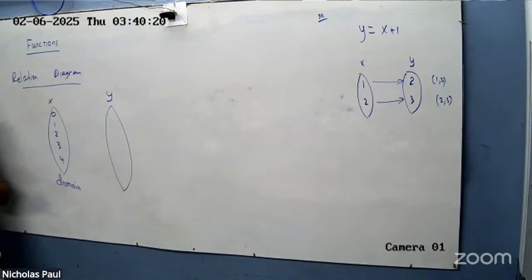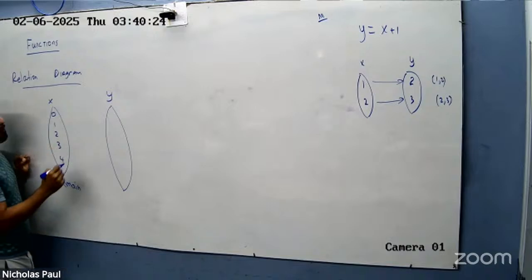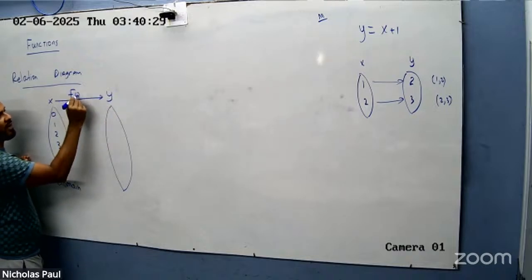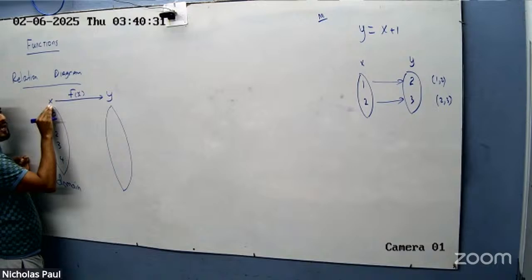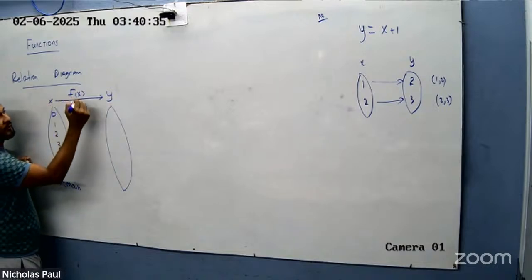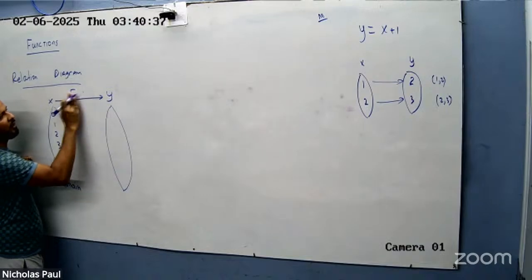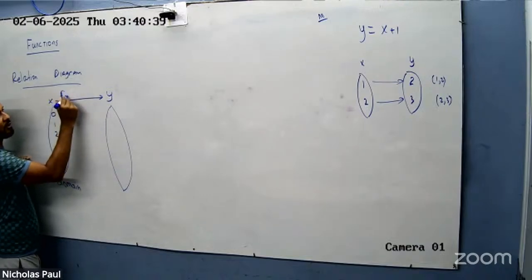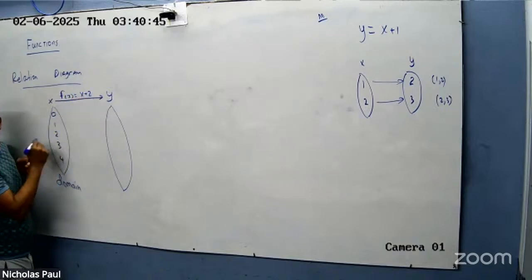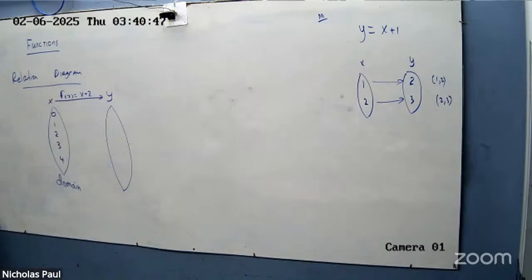Right? So I'm going to show you now how to create this relation diagram by using something called a function, f of x, that maps all the x values to all the y values. And we're going to use nice, easy functions, right? We're going to use a nice, easy function like x plus 2. All right? Let's take a look at it.